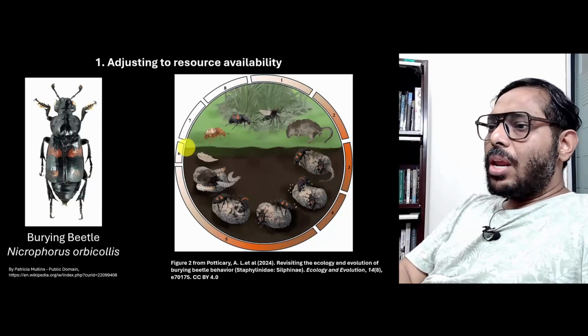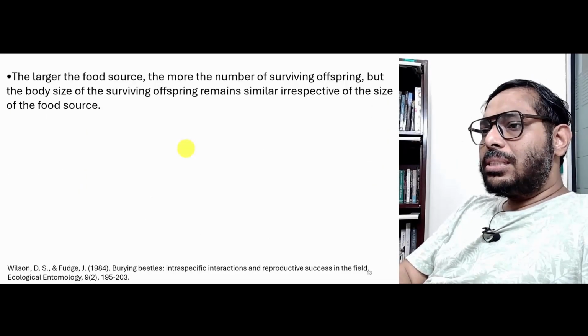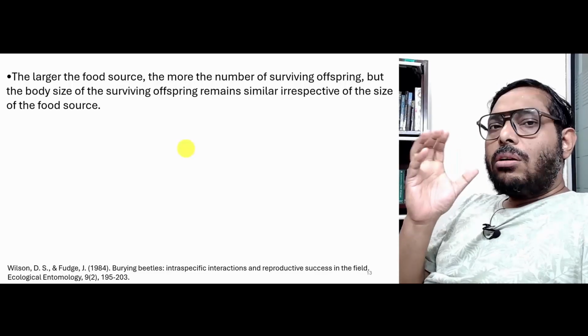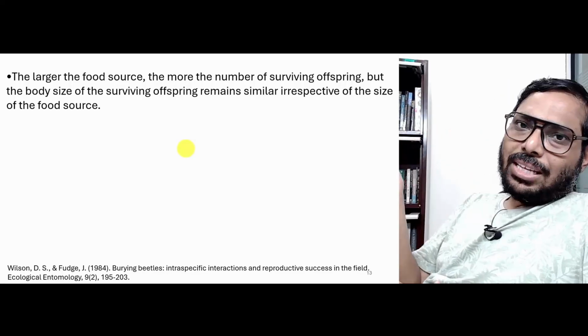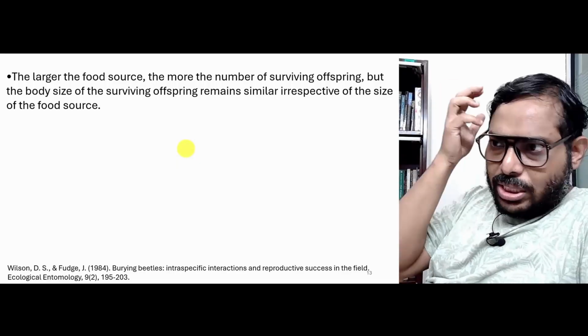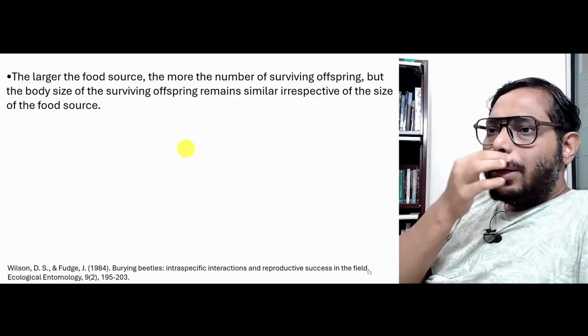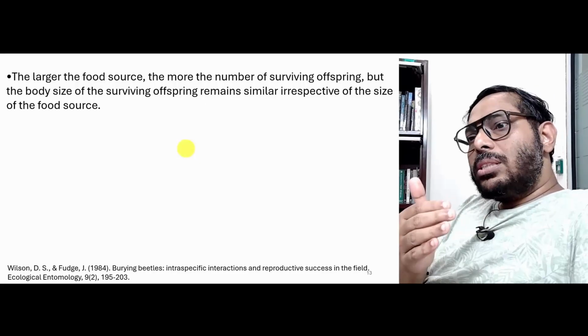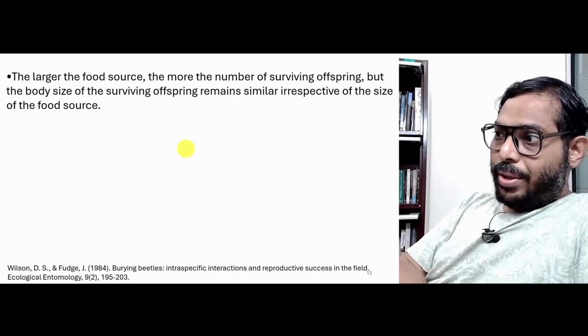Now, it turns out that not all mammals are of the same size. You can have a large squirrel of about this size, or a small mouse of about this size. The larger the food source, the more the number of surviving offspring.